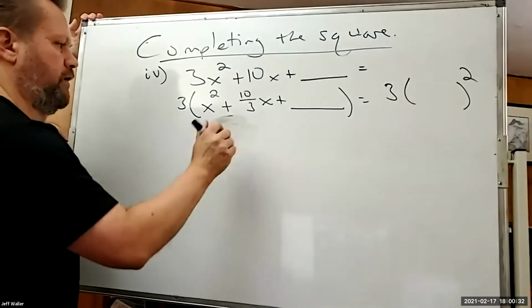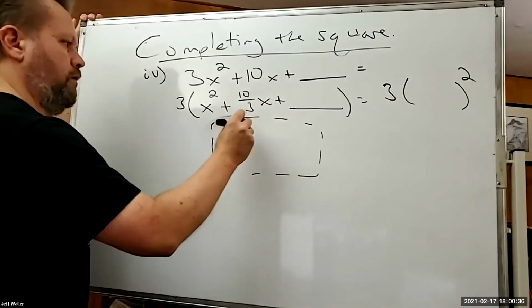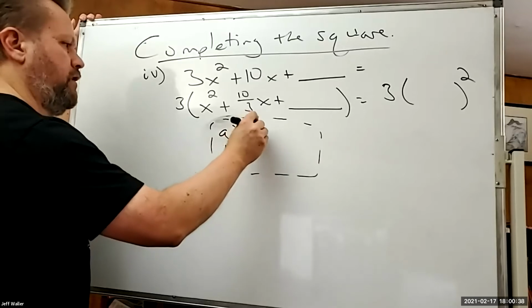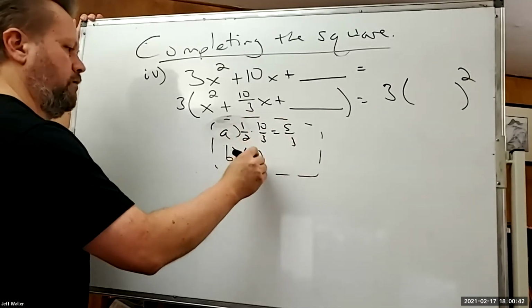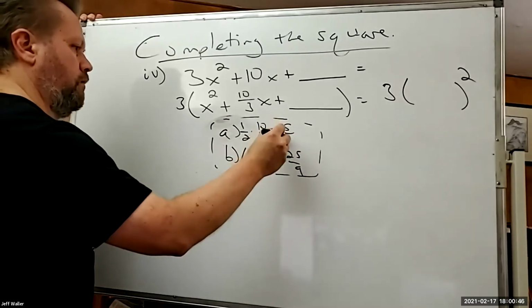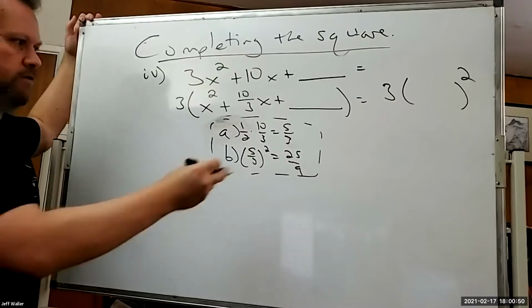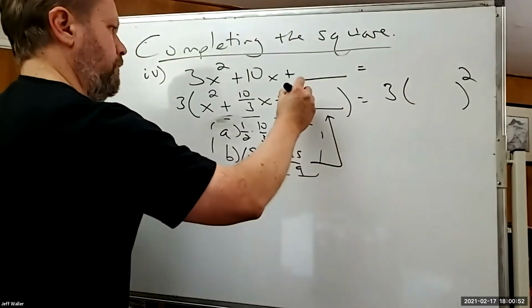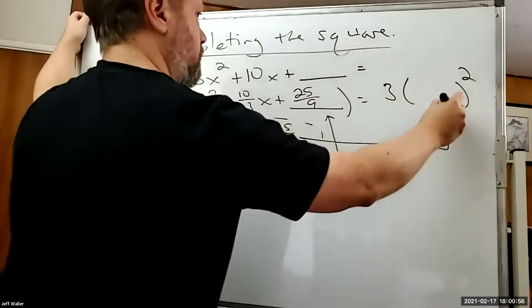I don't know why I'm writing so tiny. Half of 10/3 is 5/3. And then of course I take what I get and square it. So even fractions aren't hard. So this goes here, and then this goes here.